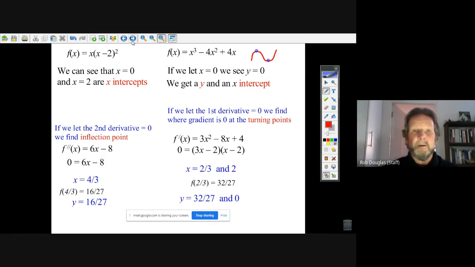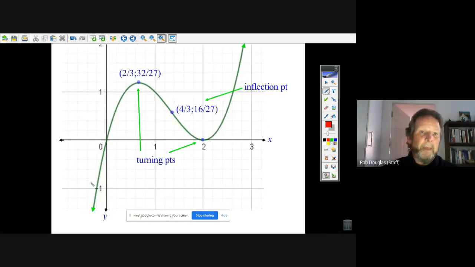Now, all we do is take all these things and sketch a graph. We know it goes through 0 and 0. We know one of the turning points is 2 over 3 and a little bit more than 1.2, which is 32 over 27. We know that 2 and 0, it turns right there.